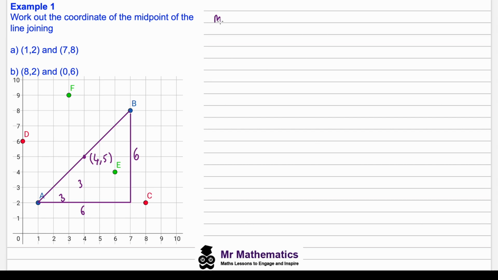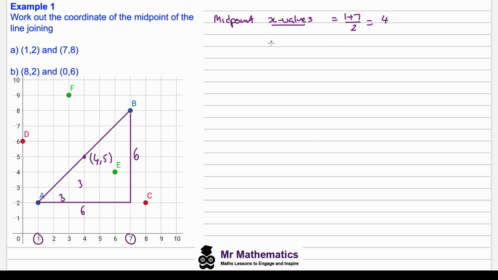So if we look at the midpoint and we consider the x values, well, the average x value, just like you would normally when we work out the average, we add up our samples. So we've got 1 and 7. So we'd have 1 plus 7, and then you would divide by your sample size, or divide by 2. And this will give us 7 add 1, which is 8. 8 divided by 2 is 4.